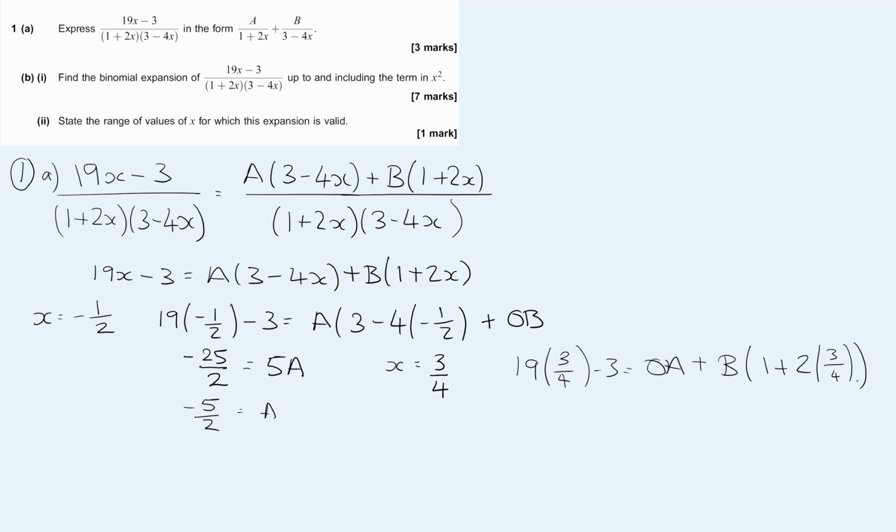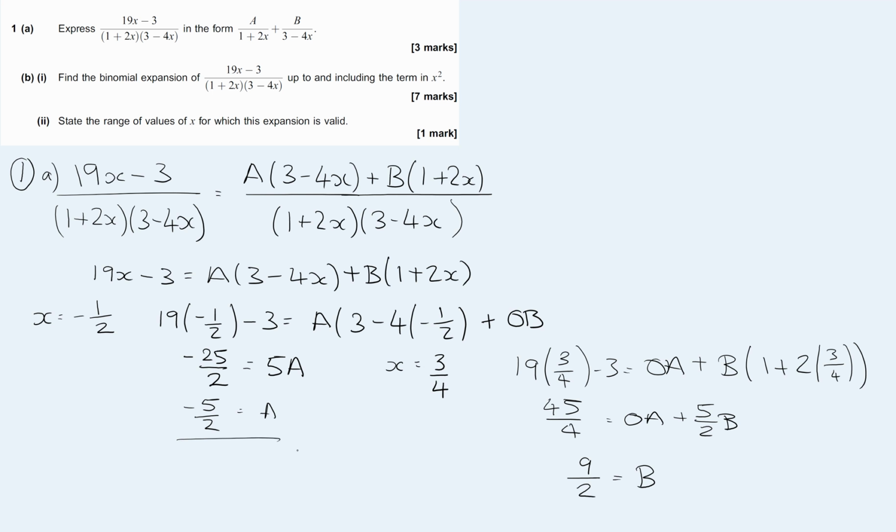Now once again, evaluating this, we should get 45 quarters on the left hand side. We've then still got our 0 A's, and we've got 5 over 2 B. And then I'm going to multiply by 2 and divide by 5 to get B on its own, and we get that B is 9 over 2.